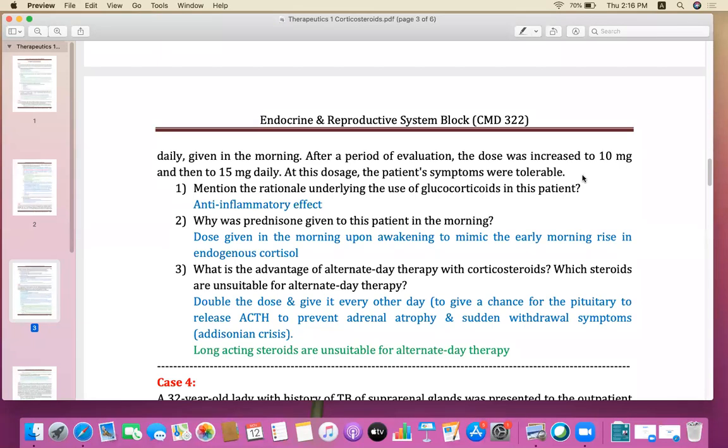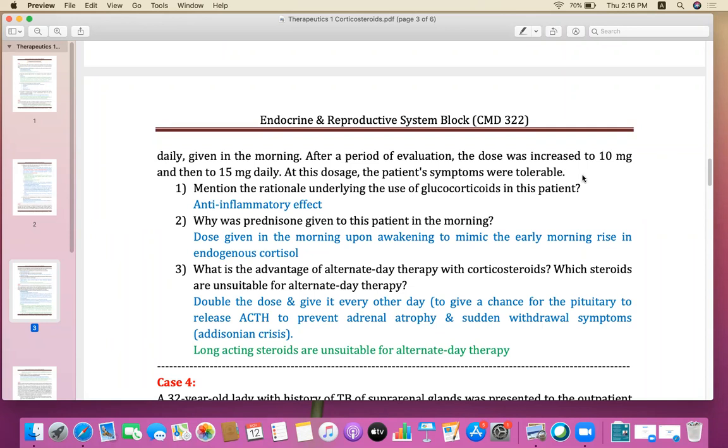What is the advantage of the alternate day therapy with corticosteroid, and which steroids are unsuitable for alternate day therapy? Yes, good question. What is the advantage of alternate day therapy?